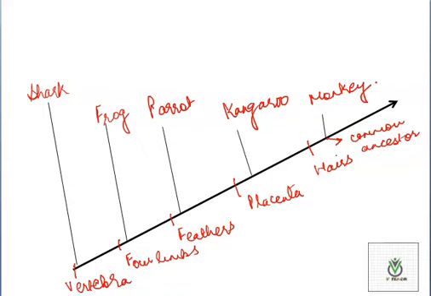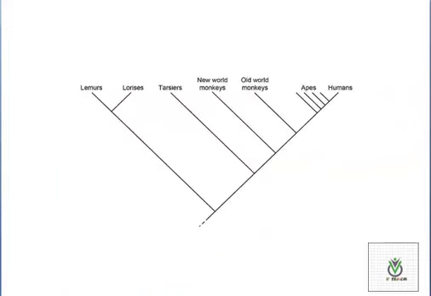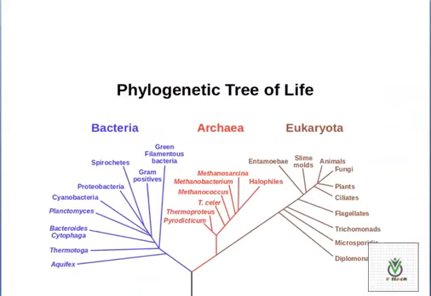Now these cladograms, as I told you earlier, are just hypothetical structures. But there is also a phylogenetic tree which is constructed based on the actual age of the fossils, and it is more branched.